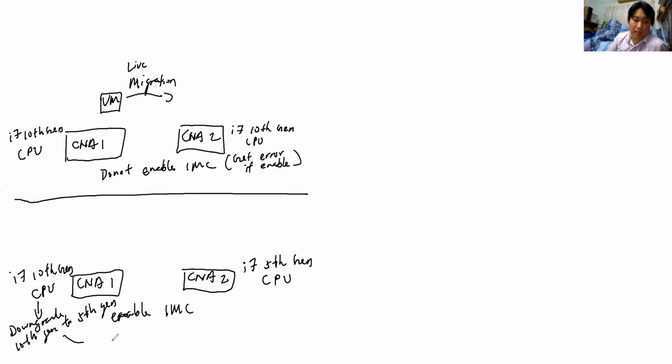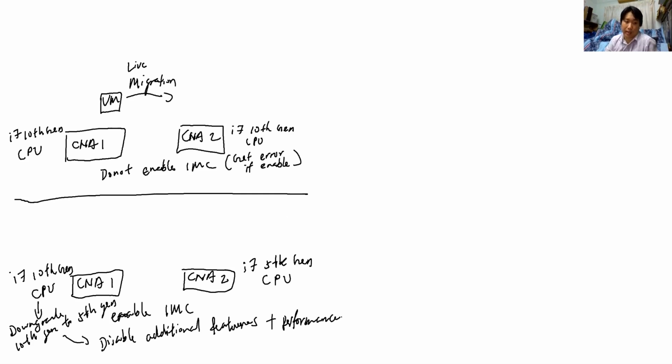To do this, we are basically disabling additional features and also performance. This is to be backward compatible with the 5th generation CPU. So after you enable IMC, the virtual machine runs like a 5th gen CPU, so you have no problem doing live migration. This is what IMC is all about.